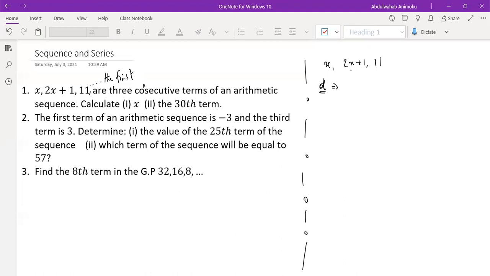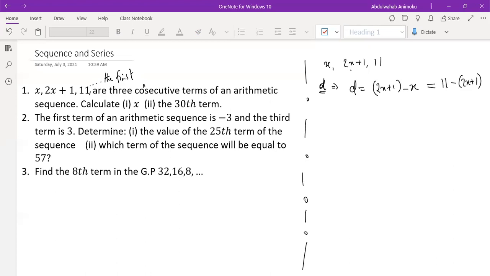The common difference is gotten from the difference between two consecutive terms of an arithmetic sequence. So our common difference should be equal to 2x plus 1 minus x, and this should also be equal to 11 minus (2x plus 1), because these are three consecutive terms.